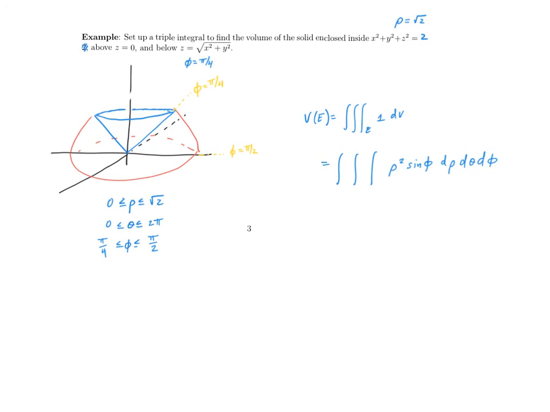So rho on the inside is from 0 to root 2. Theta in the middle is from 0 to 2 pi. And phi on the outside is from pi over 4 to pi over 2. Which answers a question that has been asked. We've set up a triple integral representing the volume of this solid.